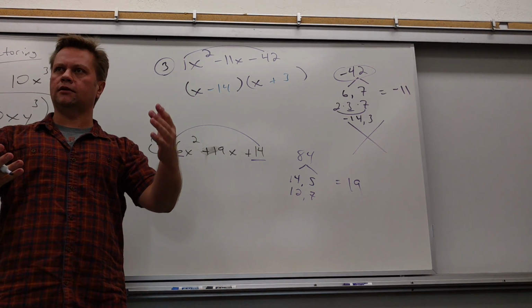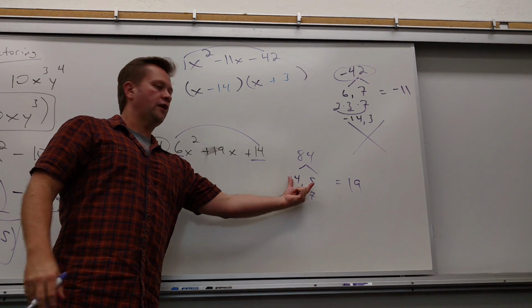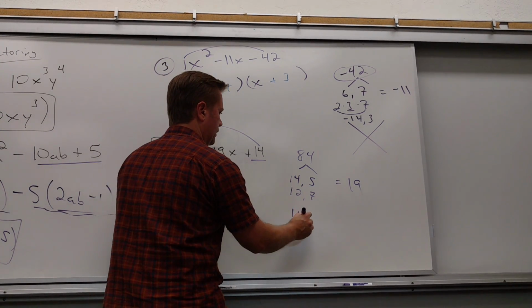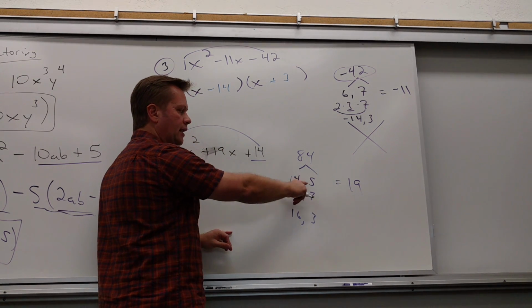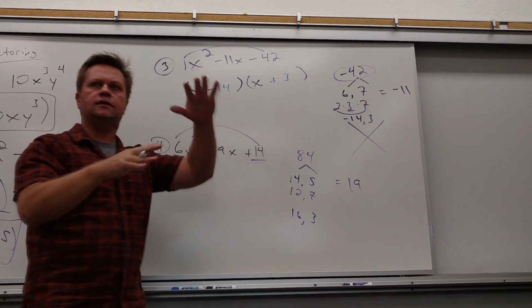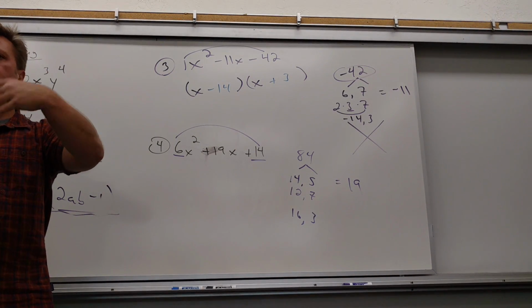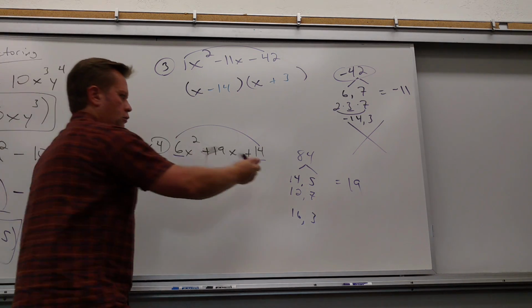I kind of knew what the answer was, but you just start off, and if I went the other way, if I went to 16 and 3, 16 times 3 is 48. I went lower than 70, so I got to go the other way. I don't know if you guys see, the more you're able to just play with numbers, the easier that kind of thing is. So 12 and 7.